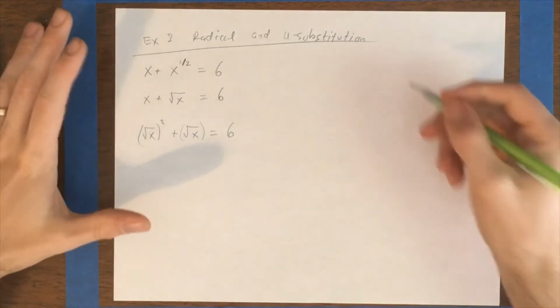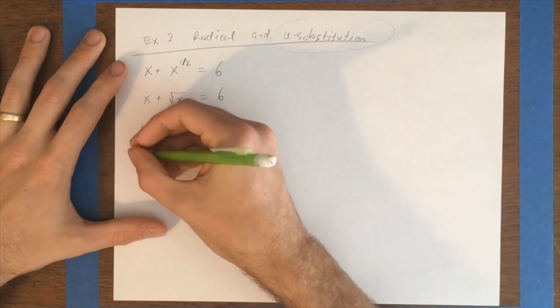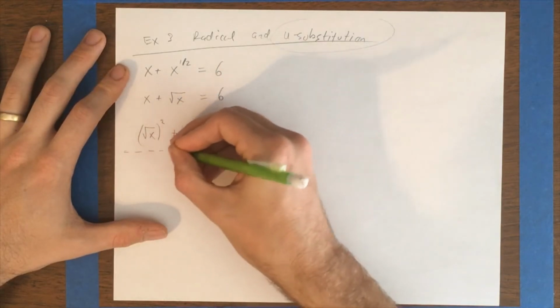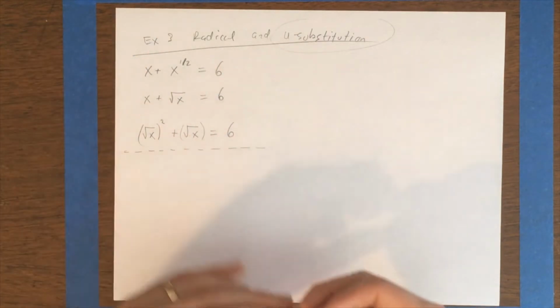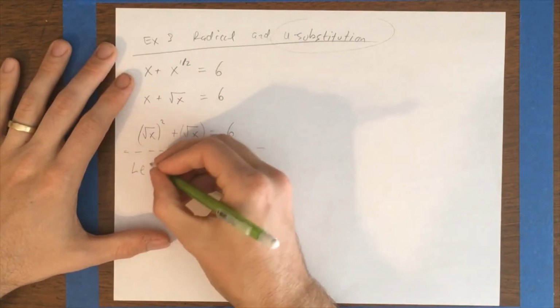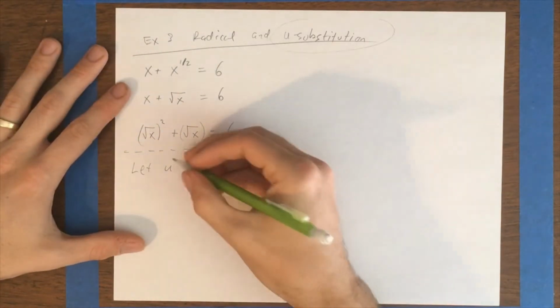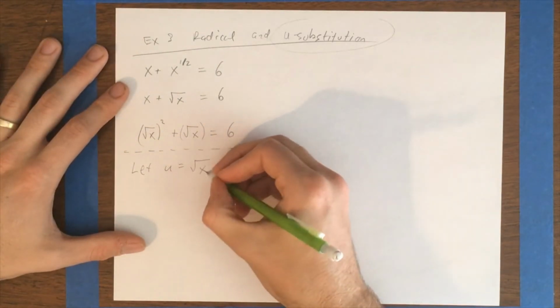So this is where the idea of U substitution comes into play. We're going to use the letter U as a dummy variable that's just going to stick around for a little while, and then we're going to get rid of it again at the end. So we're going to say, let U equal the square root of x.